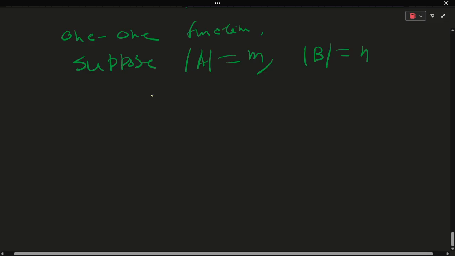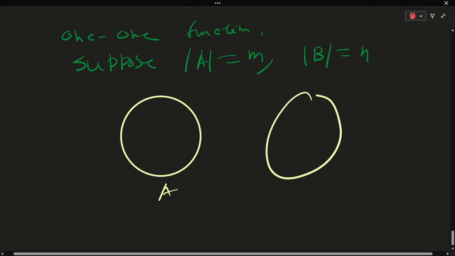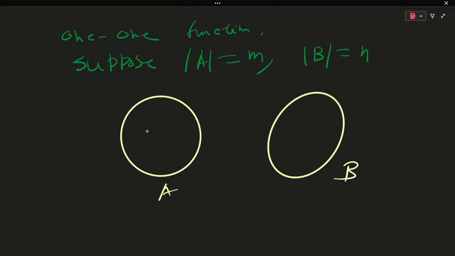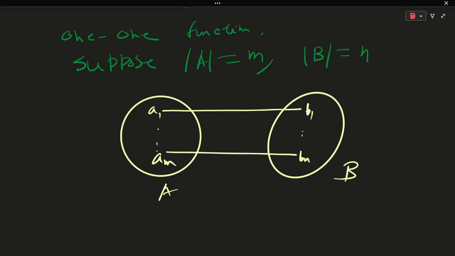This is A, and this is B. There are m points and there are n points. One-one means a single element goes to a single element.